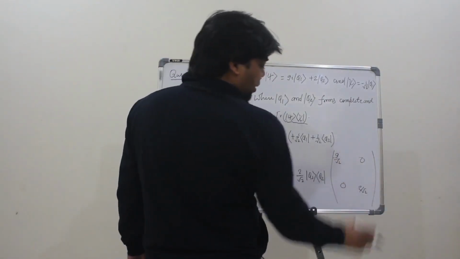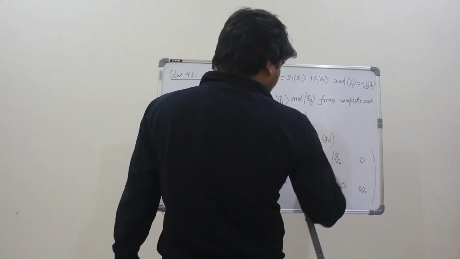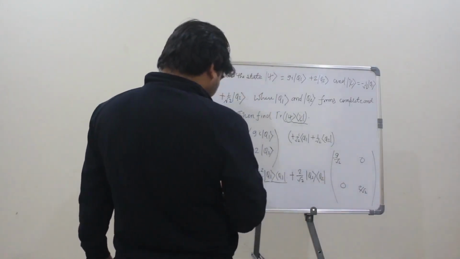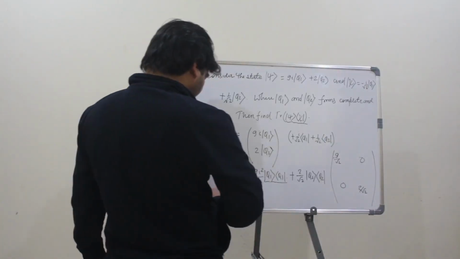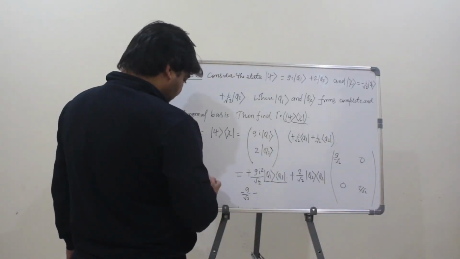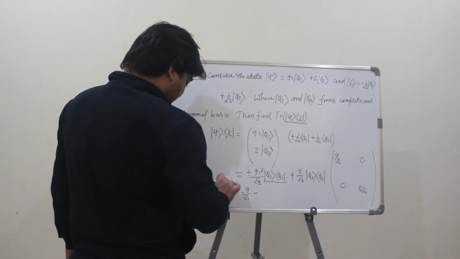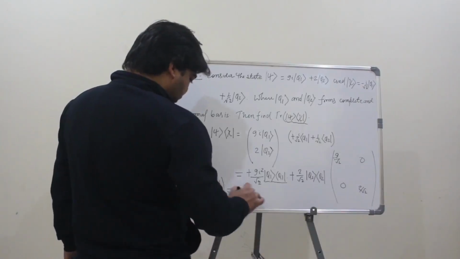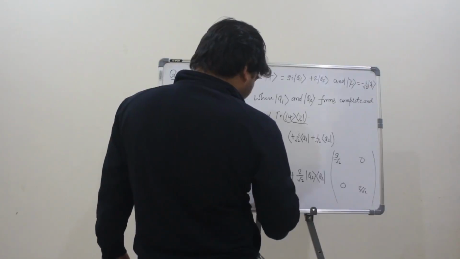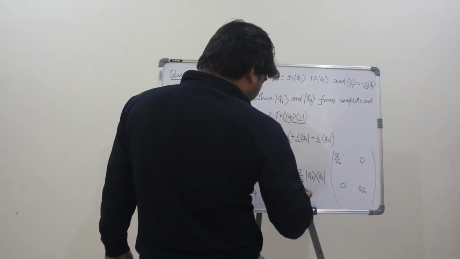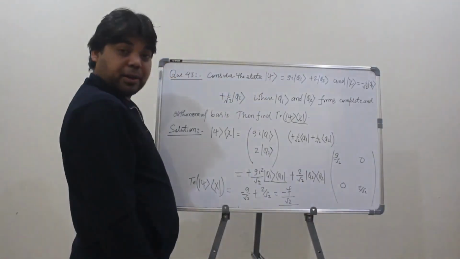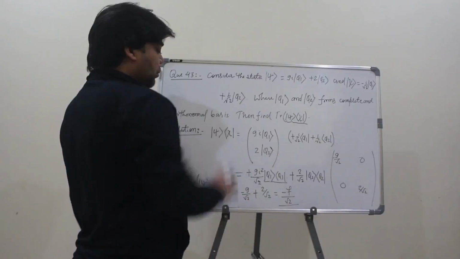So 9 minus 2, so the trace will be plus 2 divided by root 2, giving you minus 7 divided by root 2 as the trace, right?